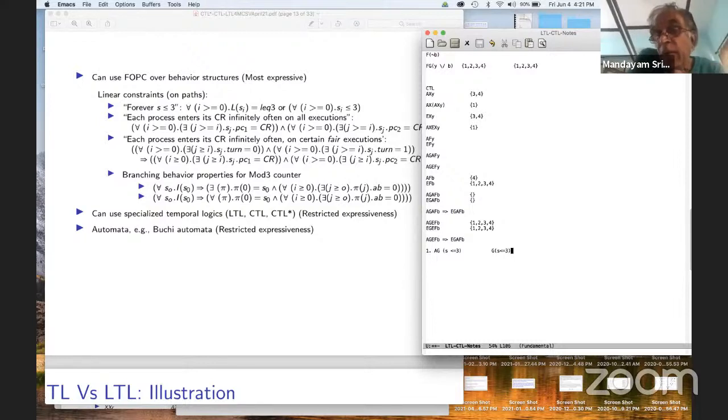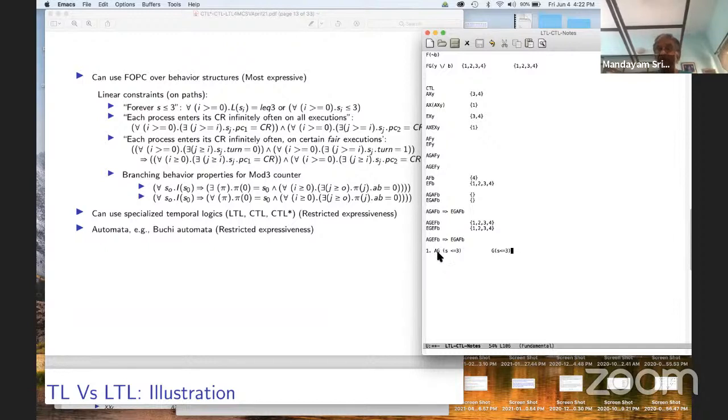But it can also be written as an LTL formula as G. Now I'm saying this is for transition systems, okay? So when you view it as, if you're only looking at the linear behaviors, that is the set of executions starting from initial states, G S less than or equal to 3, because for an LTL formula, when you consider satisfaction for transition systems, there is an implicit A. So therefore, in LTL it would be G with that condition, S less than or equal to 3, which is equivalent to AG of S less than or equal to 3.